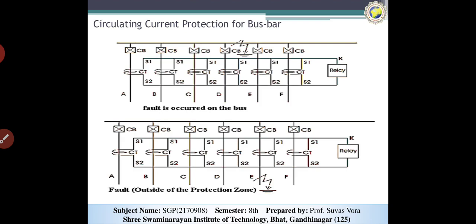It makes the circuit trip so that the circuit breakers corresponding to all the feeders connected to this section of the busbar will be opened. So all the circuit breakers will be operated, and the incoming and outgoing feeders connected to this section of the busbar will be tripped and the bus becomes dead. So this differential busbar protection scheme is also referred to as the current differential protection system.